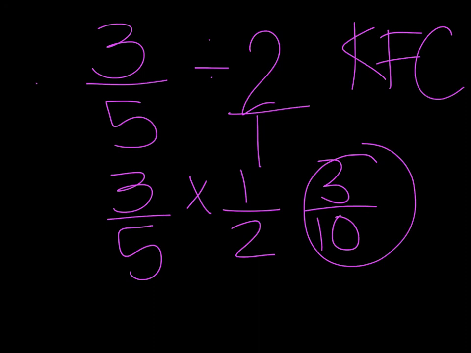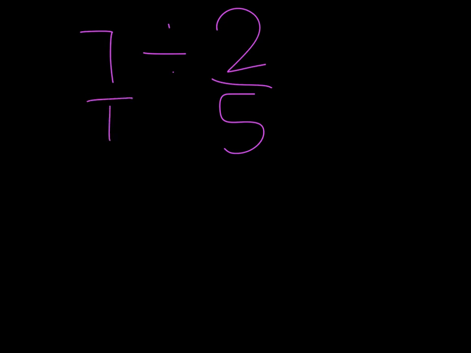I believe it is 7 divided by 2/5. All right, here we go. So we have 7 divided by 2/5. What's my first step? I have a whole number, so what must I do? Put it over 1. Okay, so everybody write KFC. We are going to keep the first number just the way it is.